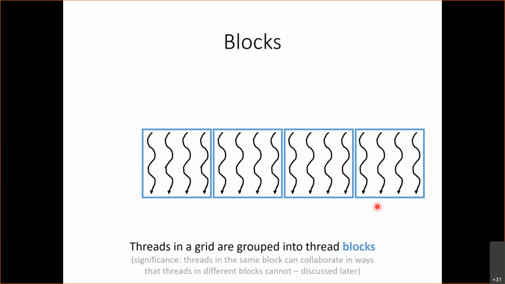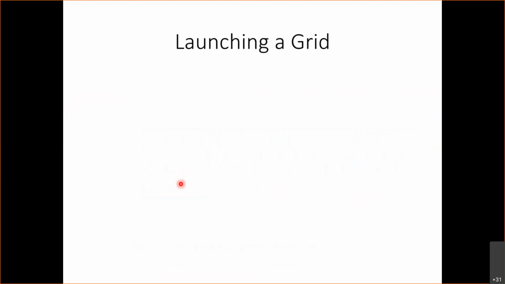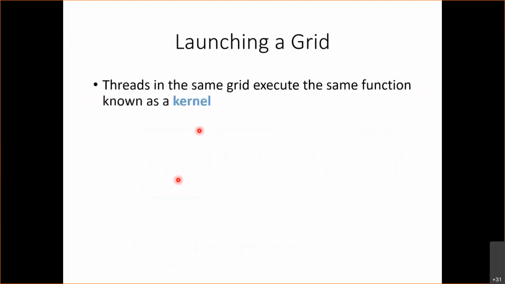Now, what I would like to do is launch a grid of threads. To launch a grid of threads, I need to specify how many blocks I want in my grid and how many threads I want in each block. When I launch a grid, the threads in the grid all execute the same function, known as a kernel.